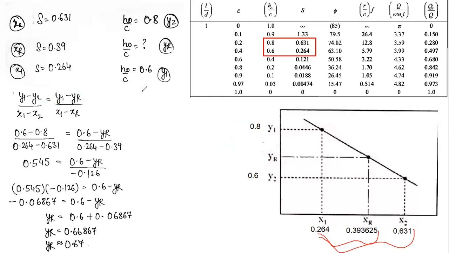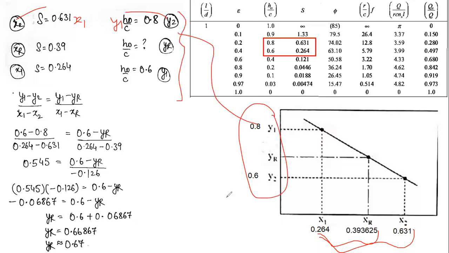If I name this X1, this will become Y1. If I name this X2, this will become Y2. I can do it either way. That's not an issue. We'll still get the same answer. I've done the reverse of what is written here, so that you can understand that it is correct anyway.